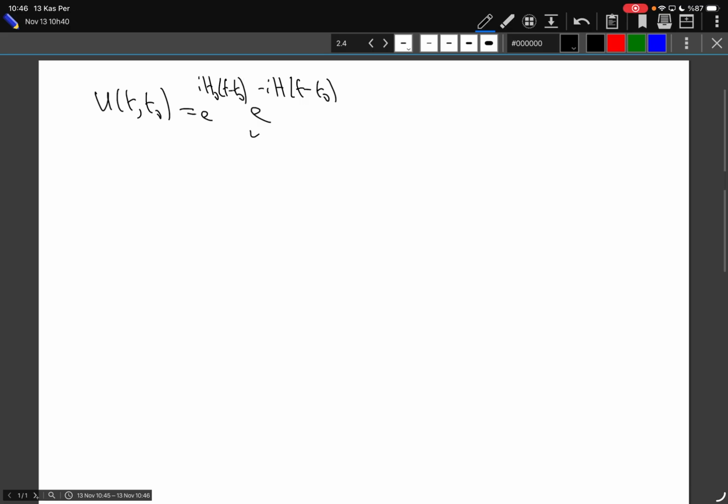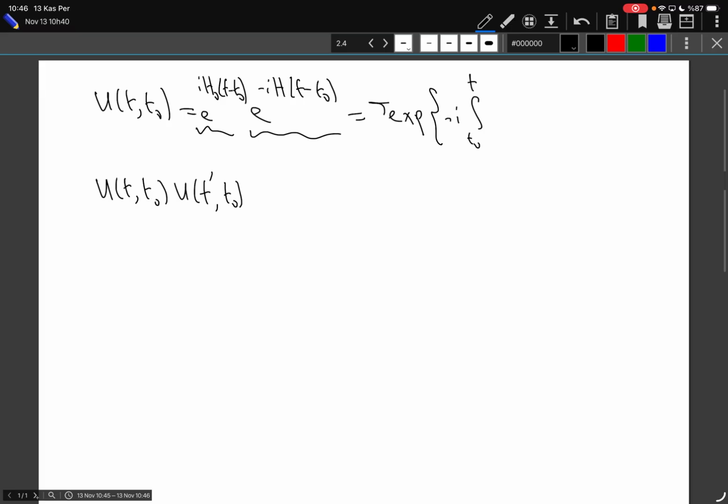Basically, this is the evolution in the Schrödinger picture of the state. And then we subtracted the evolution due to H0. What remains is an evolution of the state due to the potential. Then we said that we had also shown that U(t, t0) is equal to the time-ordered exponent of minus i integral from t0 to t of dt prime V_I(t prime).